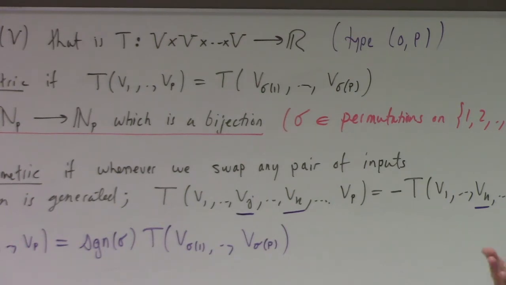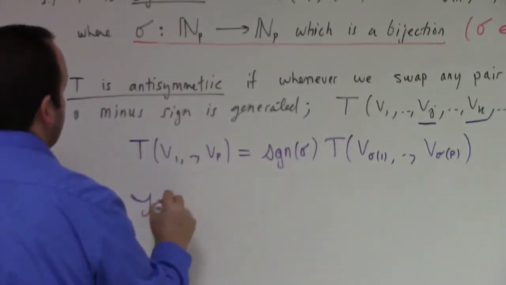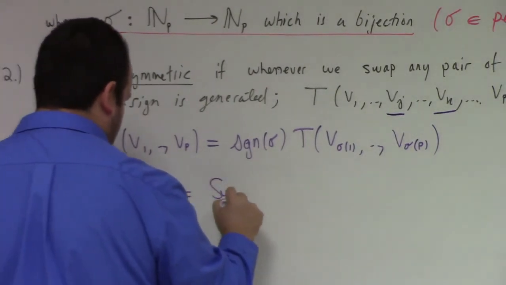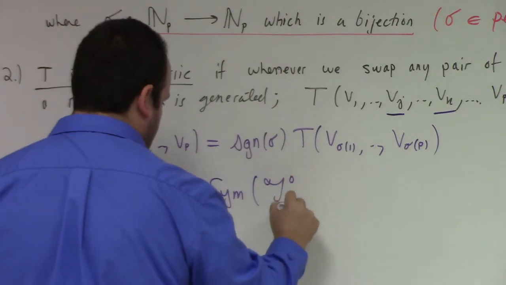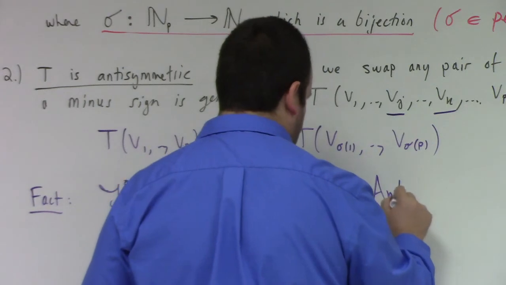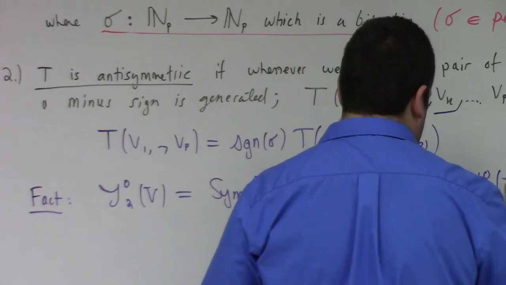Likewise, if you add two anti-symmetric tensors, you get another anti-symmetric tensor. So these form subspaces of the set of all possible tensors of type 0,p. All right? Now, in fact, if you look at the tensors of type 0,2 over V, it's equal to the symmetric type 0,2 tensors over V, direct sum with the antisymmetric type 0,2 tensors over V.